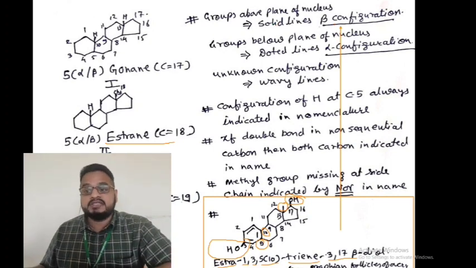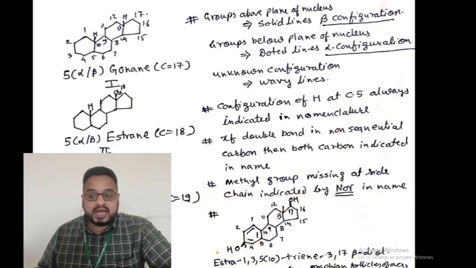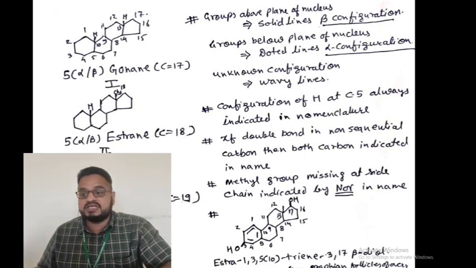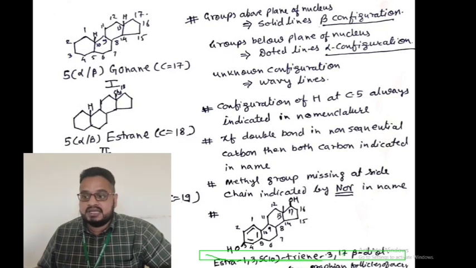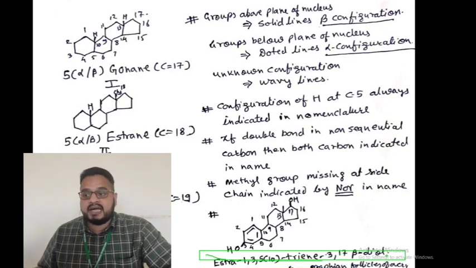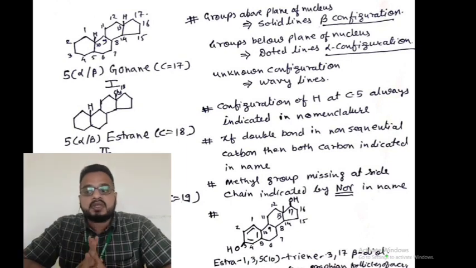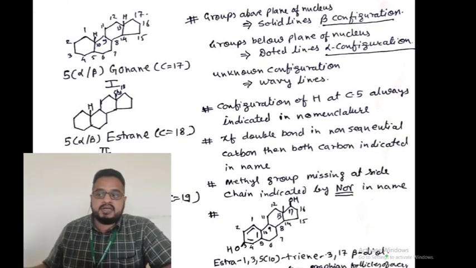So what is the final nomenclature for this particular compound? That would be estra-1,3,5(10)-triene-3,17 beta-diol. This is the female sex hormone, estradiol.